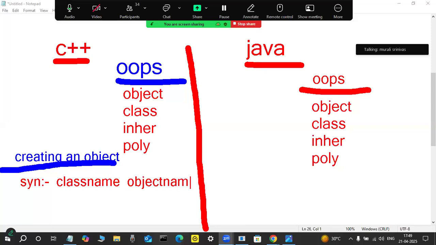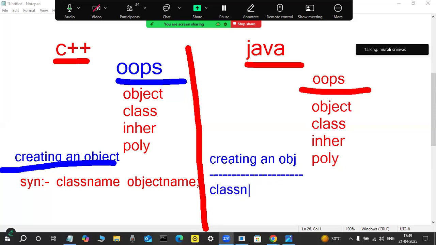But if I try to use the same syntax in Java, will it work? No, it is a different syntax. Technical persons, tell me, creating an object from the class in Java, what is the syntax? Some fellows say class name.